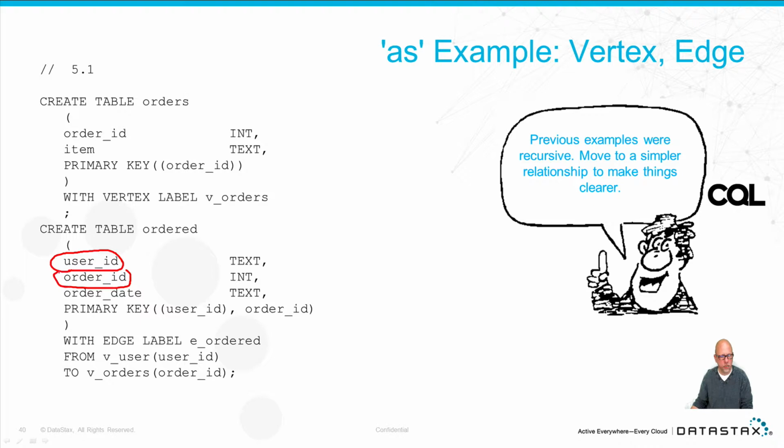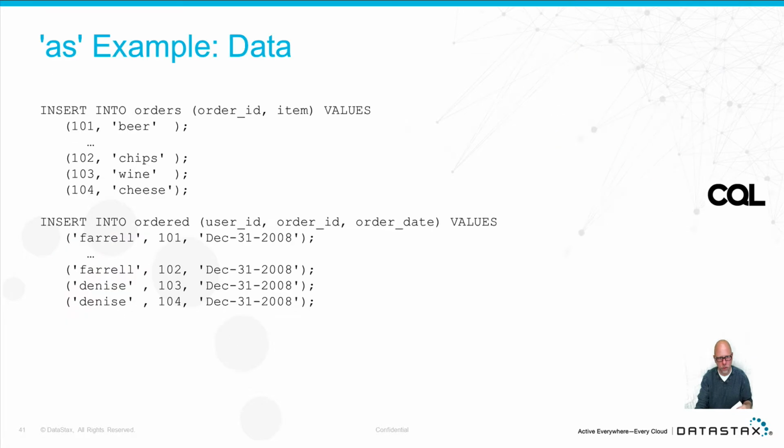It would be the primary key of one vertex and the primary key of the other vertex, which user placed which order. And then I have an additional property key to this edge called the order date. I threw that in there because I wanted you to see that. And the whole reason we're doing user orders is because the recursive join of user to user might have been, all of a sudden my nose itches, a little confusing to you as we show as.